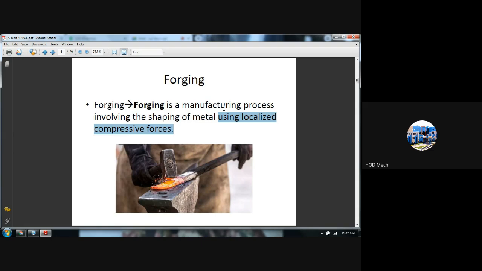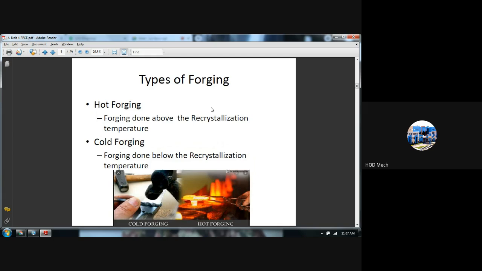Now in the forging process we have two types. We say hot forging and cold forging. In many interviews, when I interviewed students, many final year students confuse themselves between these two types, hot forging and cold forging. These two types of forging are defined based on a particular parameter.